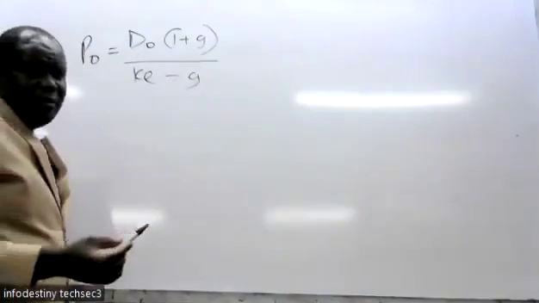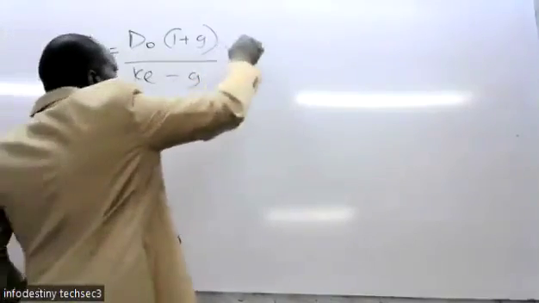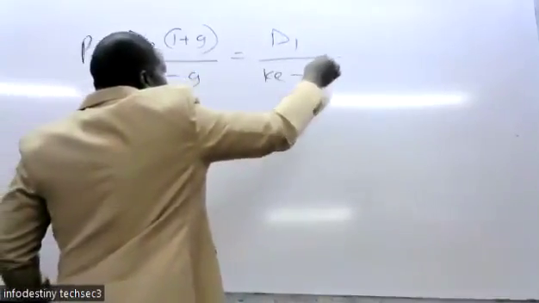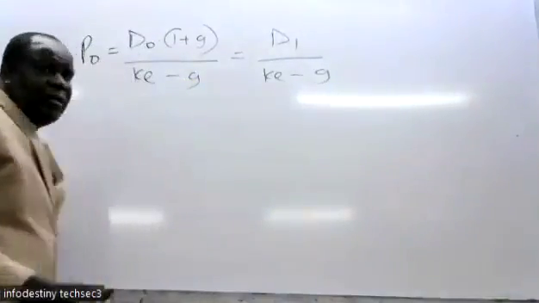I will be explaining what each one of them stands for. This is the same as D1 divided by Ke minus g.